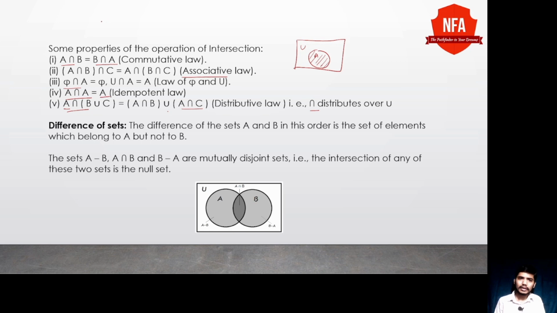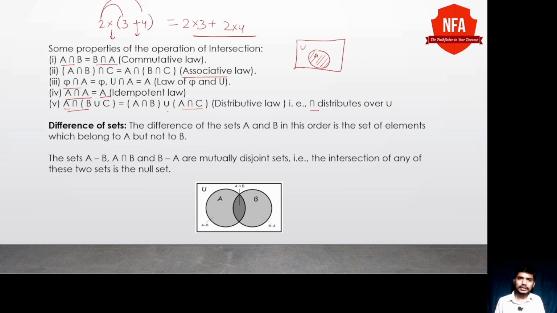Like we are given 2 into (3 plus 4). You can think of plus as union and multiplication as intersection, which is 2 into 3 and 2 into 4 summed up together, giving the same answer.